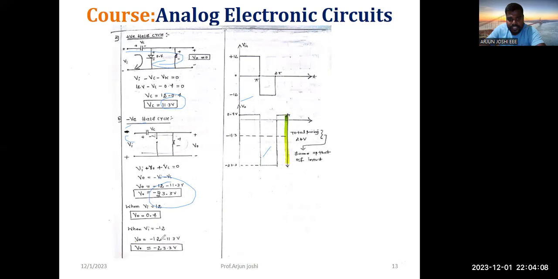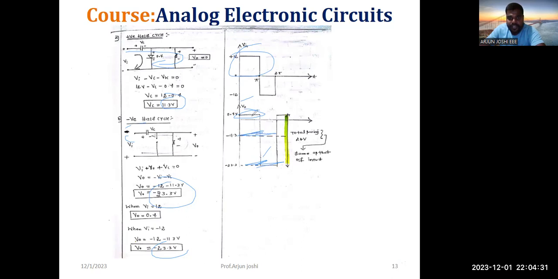Whenever Vi is equal to minus 12, output is minus 23.3.